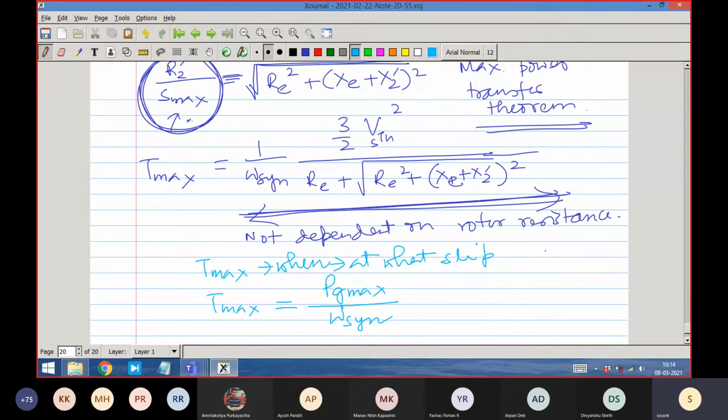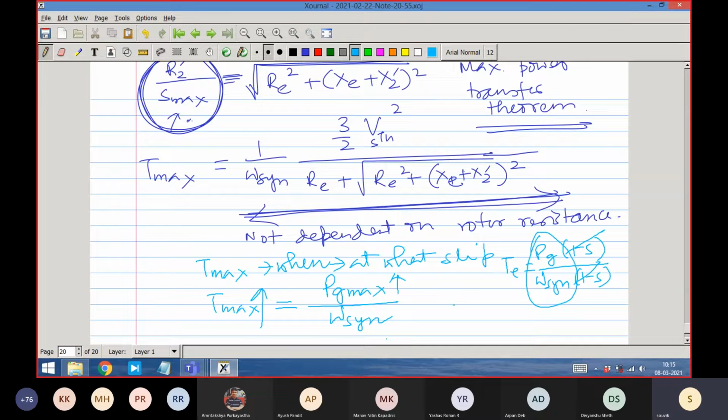T's basic expression is PG into (1 minus S) by omega s into (1 minus S). This cancels, so the basic expression is PG by omega s. Because this is a constant, PG has to be maximum. So when will that be maximum?